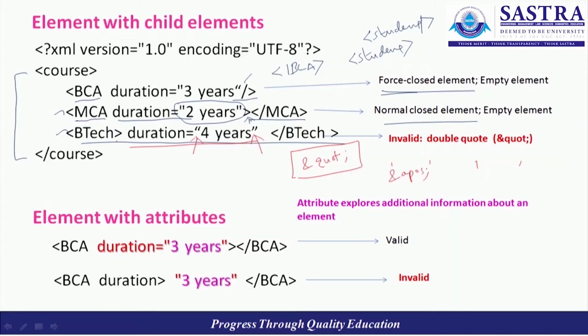So the BTech element does not have ampersand QUOT in this location. Actually, it should be written like this, and in this place also we have to write QUOT. So this will add double quotes in this place before 4 and after years.